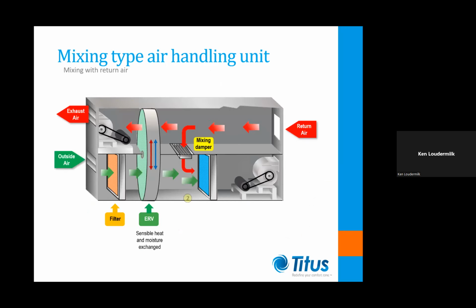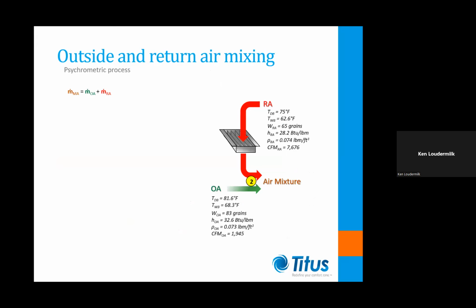The next process that occurs within the air handling unit involves mixing the leaving outdoor air with the remaining return air. After passing through the energy wheel, the outdoor airstream is mixed with this return air. The psychrometric properties of the return air differ from those of the outside air, and thus the resultant mixture has its own discrete properties.